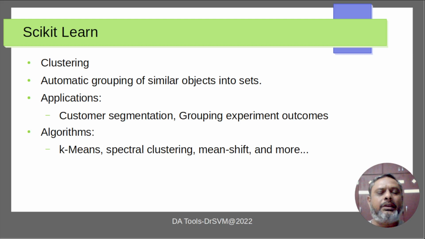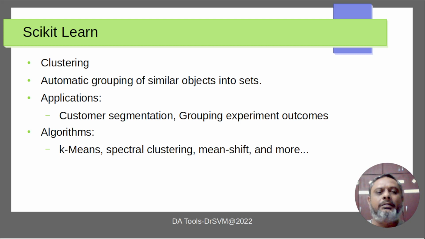Here we have only the features, but we don't have any labels to it. So in such a case, we would like to somehow cluster these objects depending on some features. So automatic grouping is what is to be done.